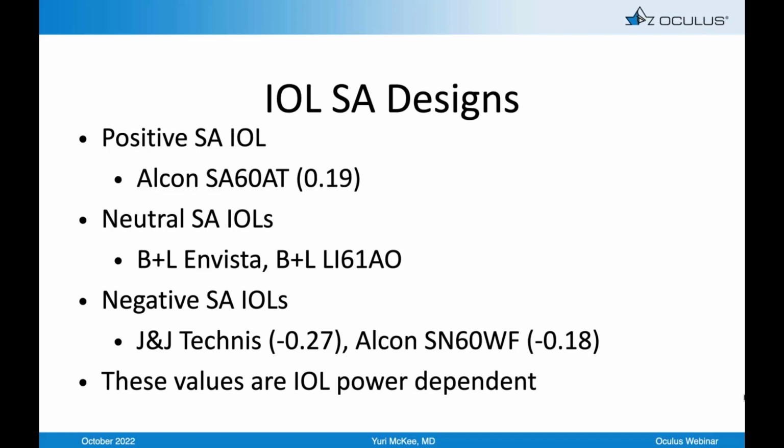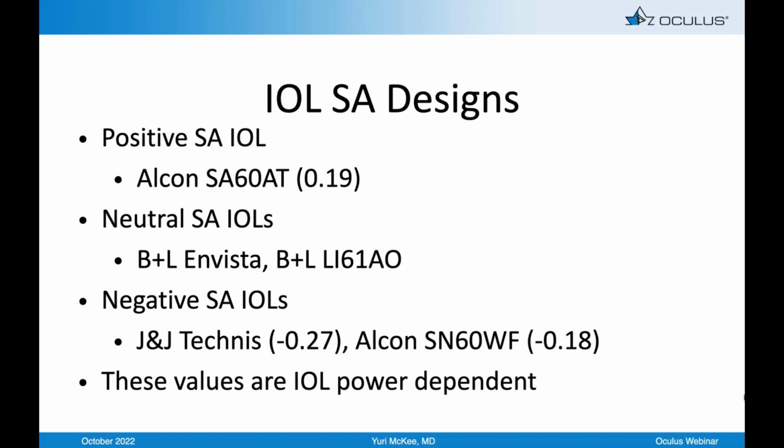So my preference with highly aberrated corneas is a neutral spherical aberration IOL to try to limit the aberration I'm putting into the system. I used to try to mix and match the negative SA lenses like the Technis and the Acrysof, but I just don't do it anymore. And once again, these values I'm giving you are for the middle of the IOL power curve. They get worse as the power increases.